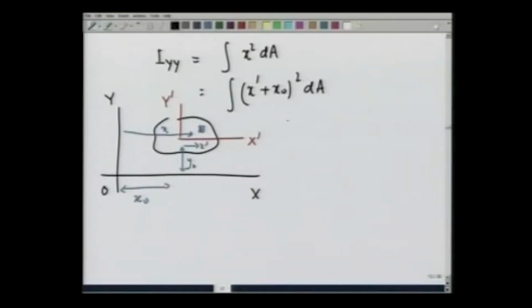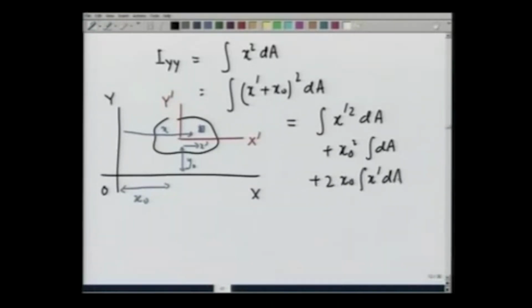So, this can be written as equal to integral x prime square dA plus x0 square integral dA plus 2 x0 integral x prime dA. This again, by the same logic as we applied earlier, is the x coordinate of the centroid in the coordinate system which has its origin at the centroid itself.